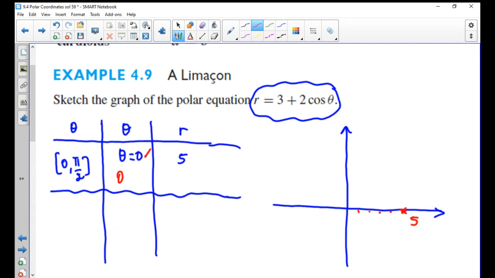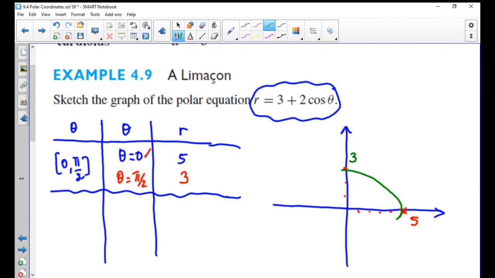And then when theta reaches pi over 2, r has gone down to 3. So 1, 2, 3. So basically what happens here is that our graph did something like this. I can take other values of theta, yeah?